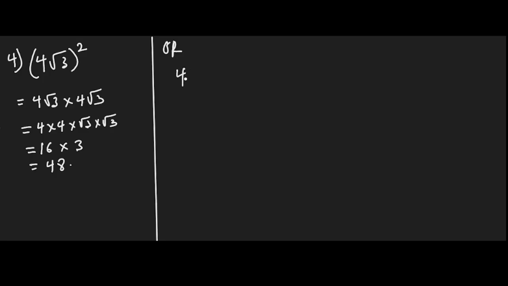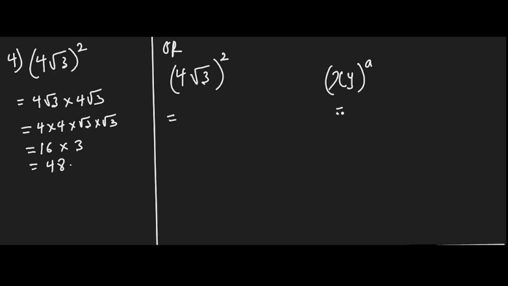You have 4 root 3 all raised to power 2. Here we could apply the rule of indices. From this rule of indices, we have xy raised to power a. There are videos on indices. We are going to have x raised to power a, y raised to power a.